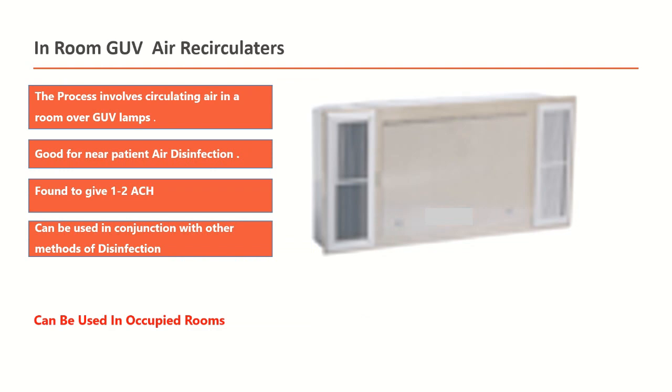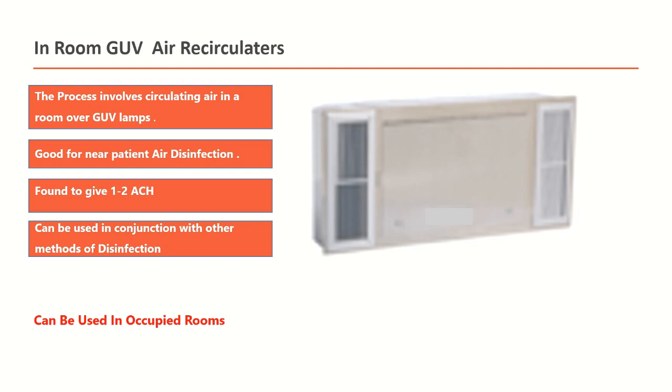Next is the in-room GUV air recirculators. In this case, you have a recirculating unit, and within this unit, you have the UV lamps placed. Air is sucked in from one end and passed over UV radiation, and the disinfected air comes out from the other end of the unit. It has been found to give only 1 to 2 ACH at the max.